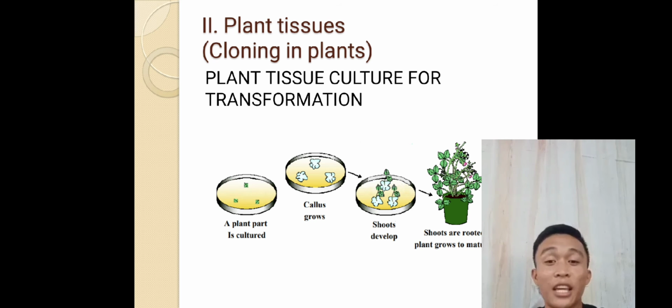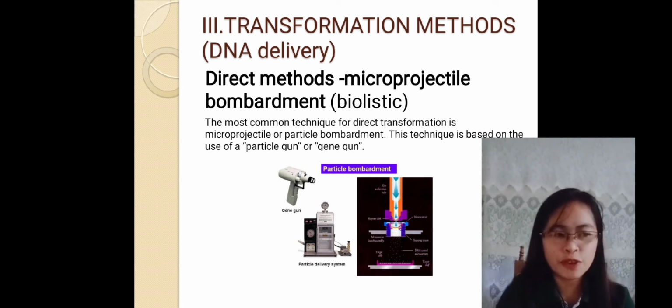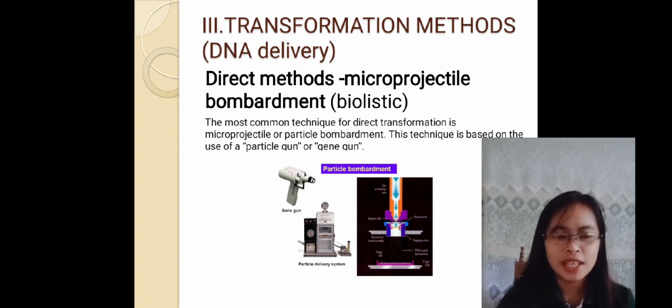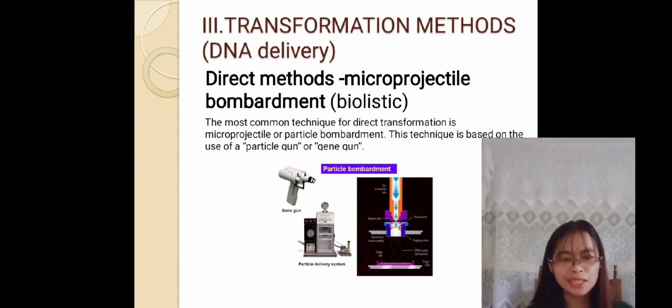Thank you. Next are the transformation methods, or DNA delivery. Transformation is the process by which an organism acquires exogenous DNA. In DNA delivery, the most common technique for direct transformation is microprojectile or particle bombardment, a technique based on the use of a particle gun or gene gun.